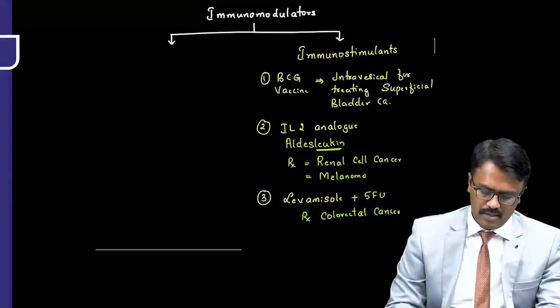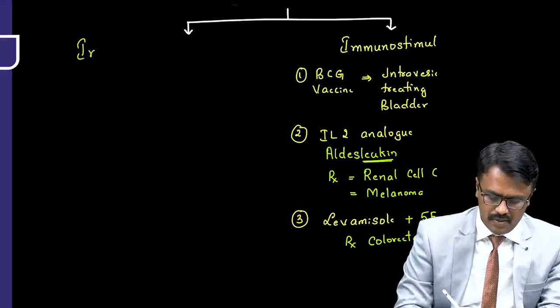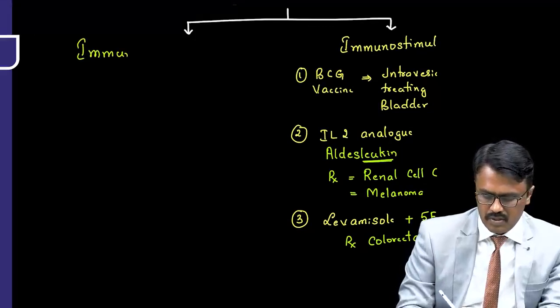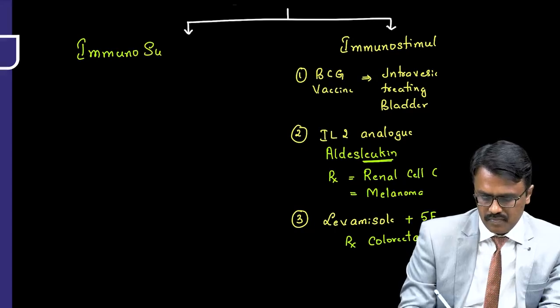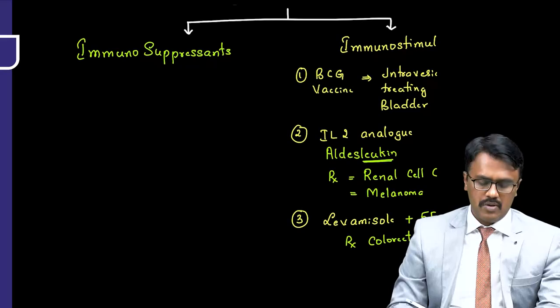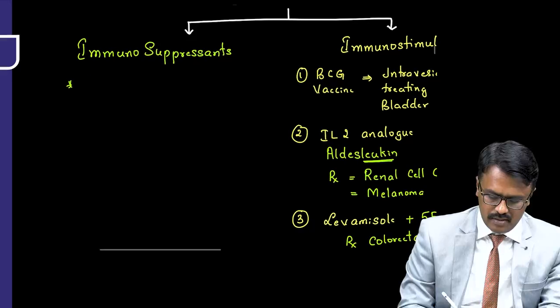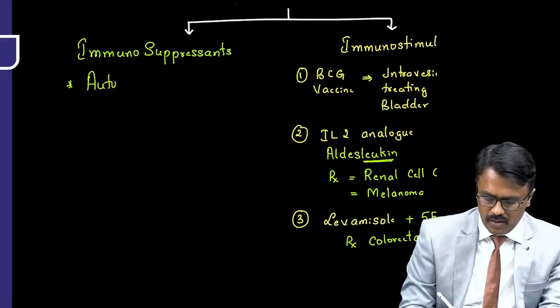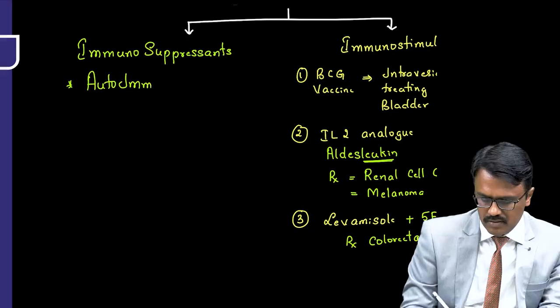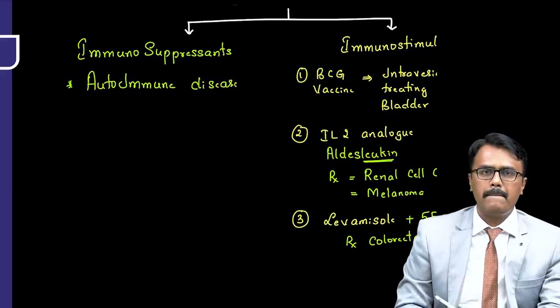Moving on to another important aspect, what we are going to discuss now, these are called immunosuppressants. Now, where do you want to suppress the immunity? Let us write them down. Number one, in the management of autoimmune disease. So, autoimmune disease, we have to suppress the immunity.